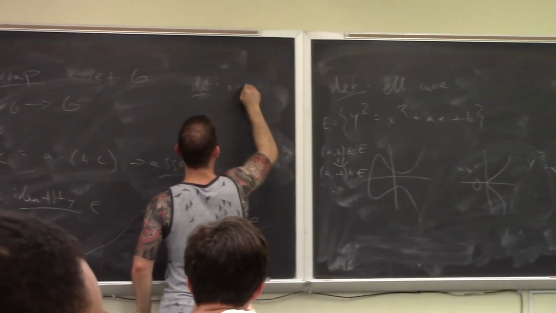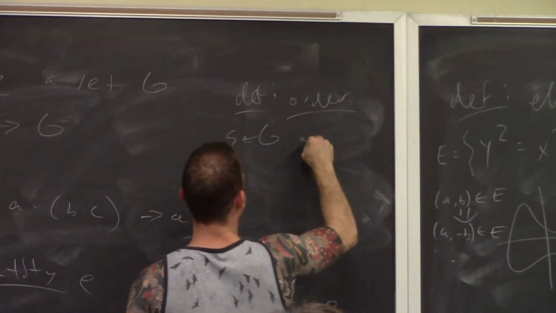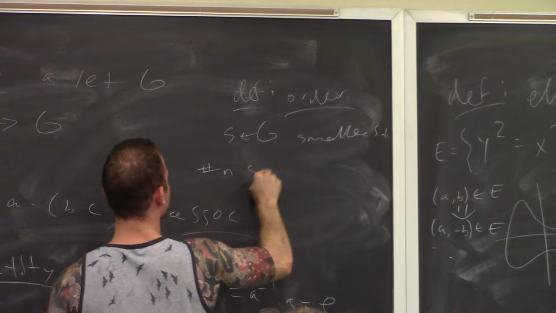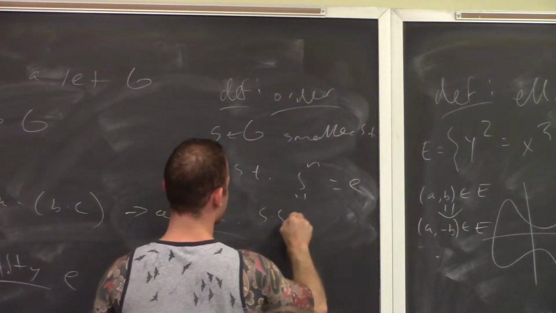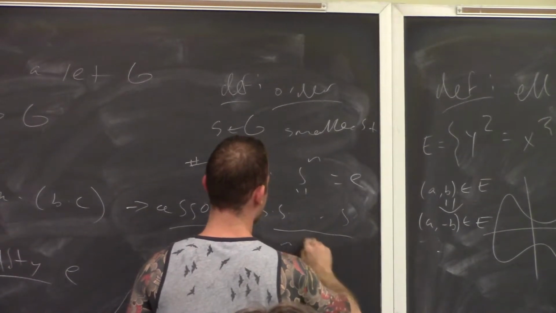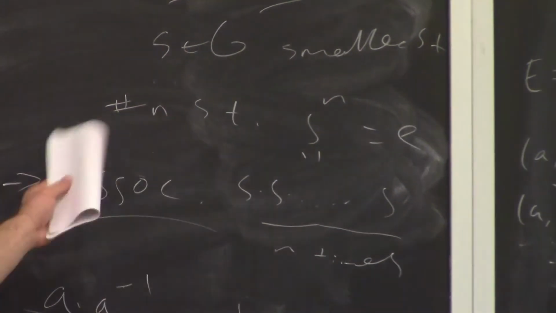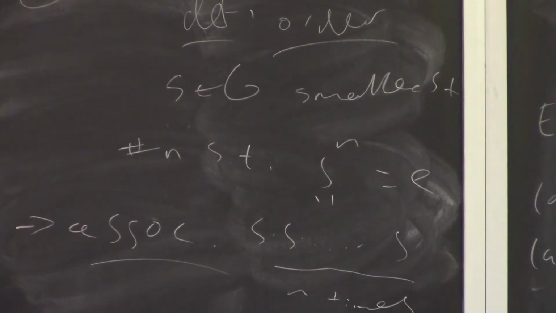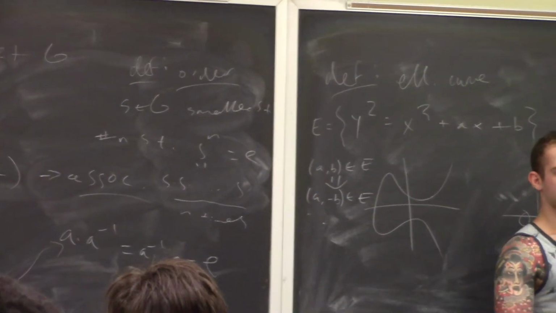The order of some group element is the smallest number n such that s to the n gives you the identity, where s to the n is like s, n times. You're just applying this operation to s n number of times. So over here, we saw that we only have to add s to itself once to get the identity.